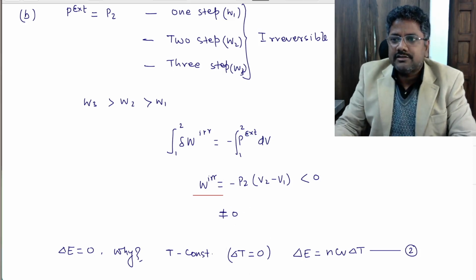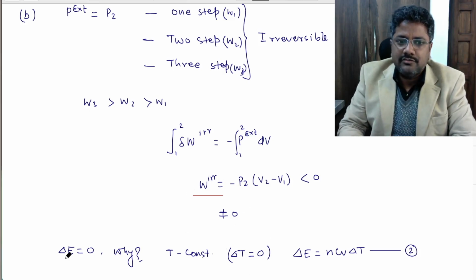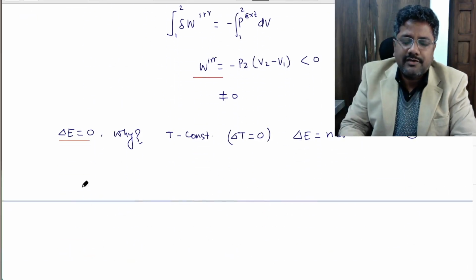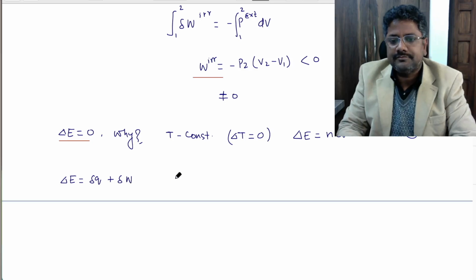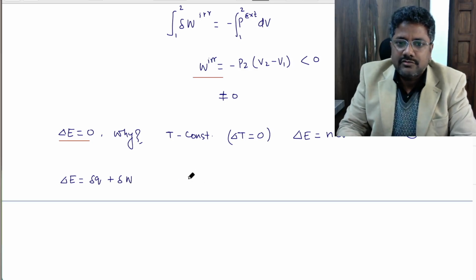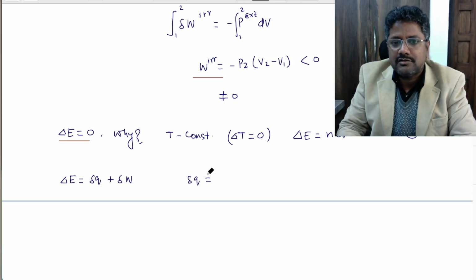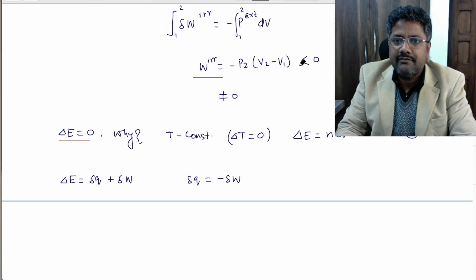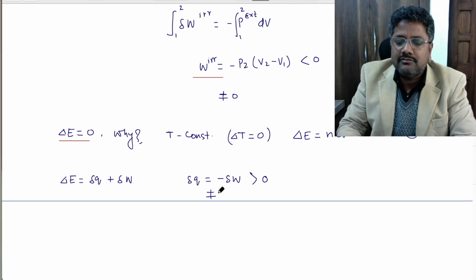Delta E is equal to 0. W irreversible is not equal to 0. It is less than 0. So what about delta Q for such a process? You can find out with the help of the first law of thermodynamics: delta Q plus delta W equals delta E. Delta E is equal to 0, so delta Q is equal to minus delta W. This delta W is negative, less than 0, so delta Q is more than 0, but not equal to 0.